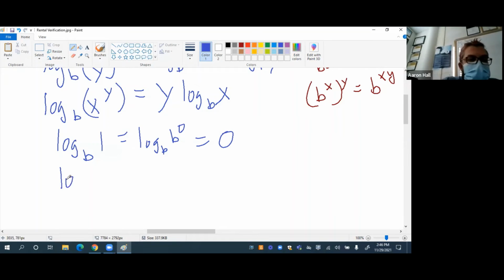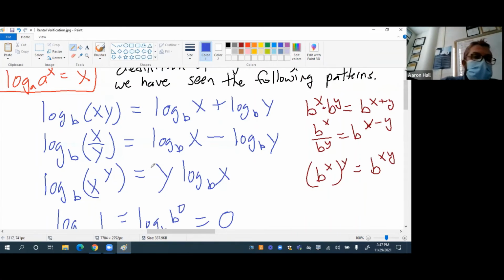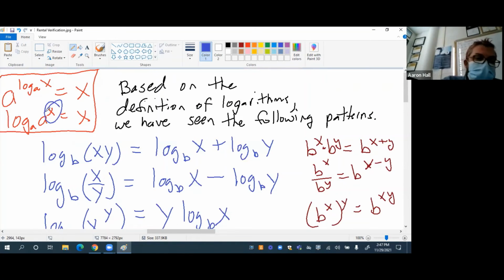If I have log base b of b, what is it? Yeah, it's 1. If I have log base a of a to the power of x, our exponent becomes our answer.